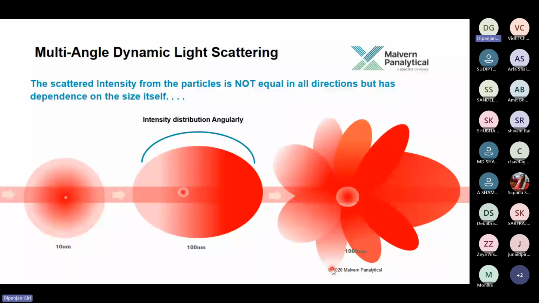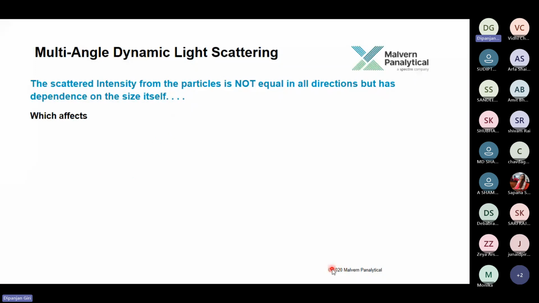So there is some angular dependence of the scattered light. It is not equal in all directions, but depends on the size itself.